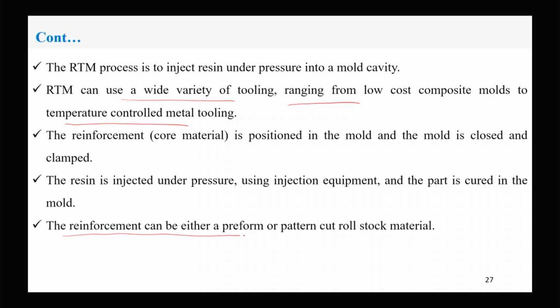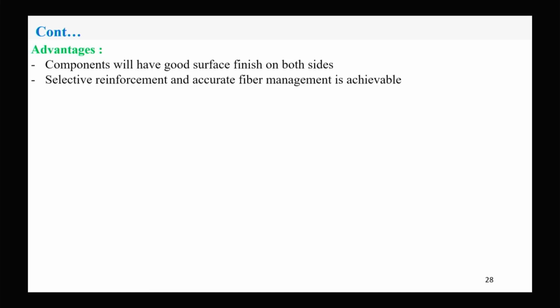Reinforcement can be either a preform or pattern cut, roll stock material. So the advantage is that the components will have good surface finish on both sides. Here, because male and female molds are there, the components will be almost finished on both the sides.